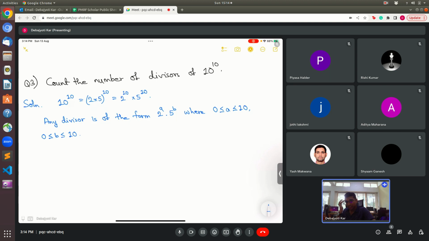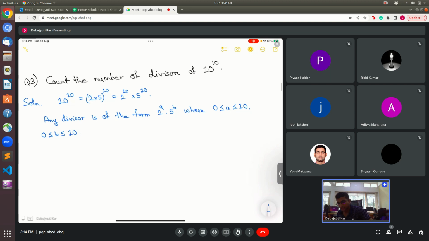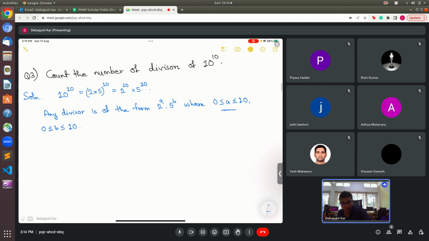I hope this is clear, because anything which divides 10 to the power 10 must be composed of some power of 2 and some power of 5, and the power of 2 should not exceed 10, and similarly the power of 5 should not exceed 10. So we just need to count how many such compositions are possible. There are 11 possible values of a from 0 to 10, and similarly 11 possible values of b from 0 to 10.